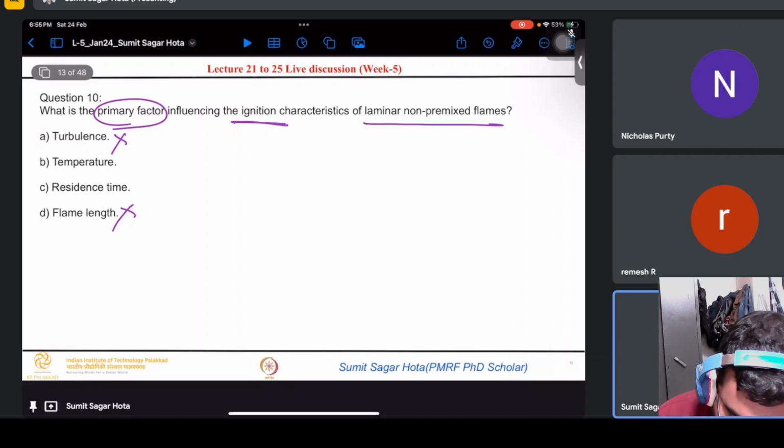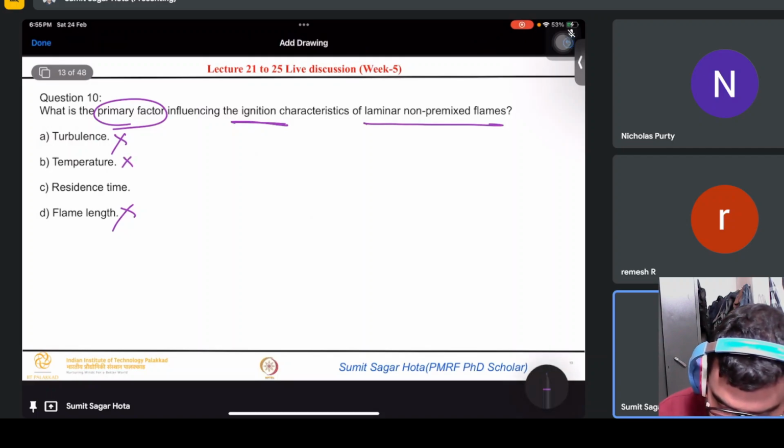Temperature is obviously a factor, because ignition depends on temperature. But for laminar non-premixed ignition, the major factor is the residence time, which is the inverse of the mass flow rate. It is a very important factor.